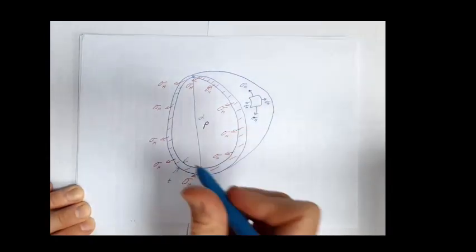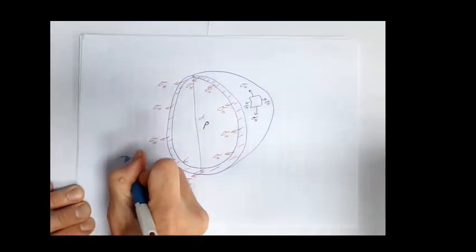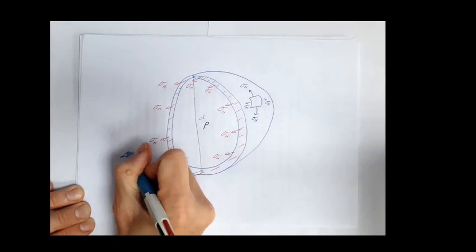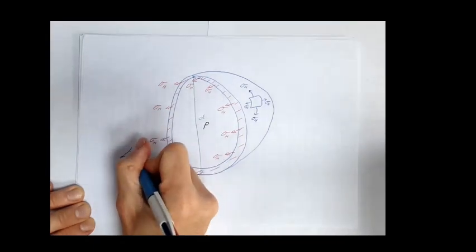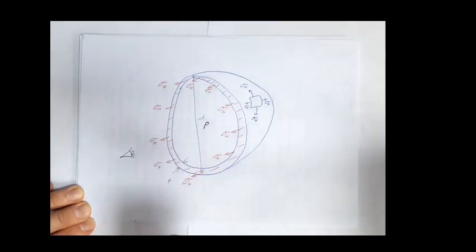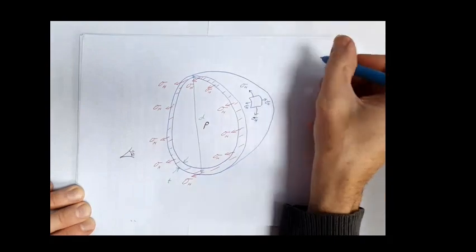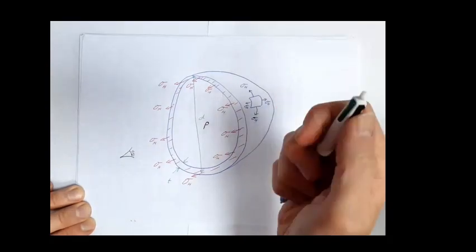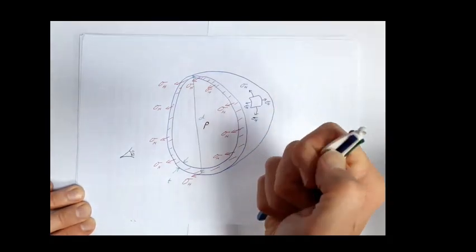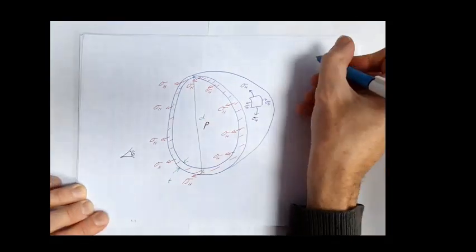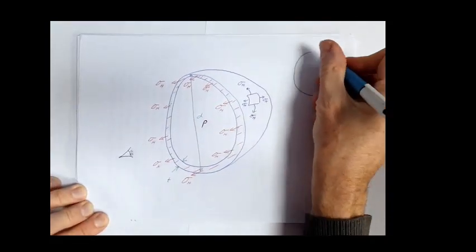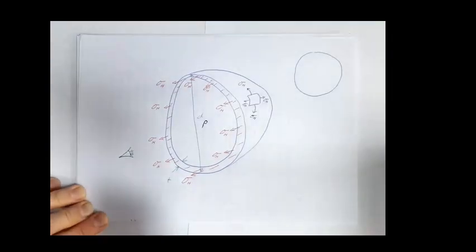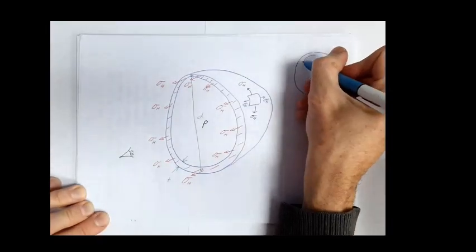Okay, so if I were to look in this direction, I would see something like this. I would see my sphere chopped. It has a thickness T.